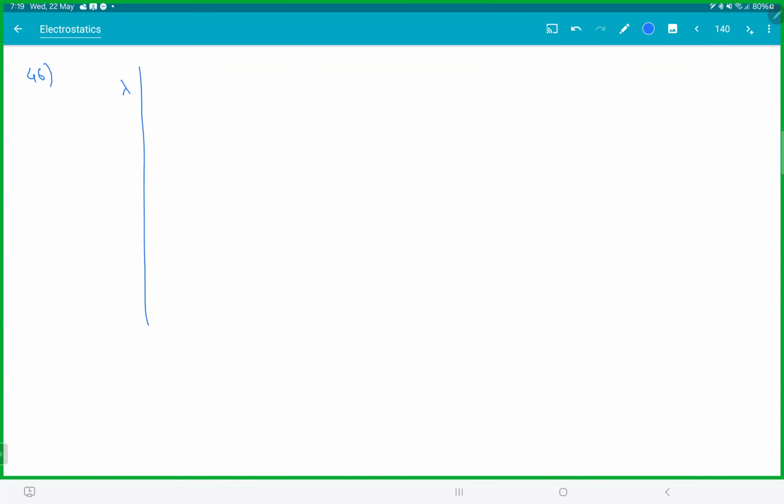We have an infinite line charge. There's a point A here and there's a point B here. This distance is R1 and this distance is R2. To find VA minus VB.